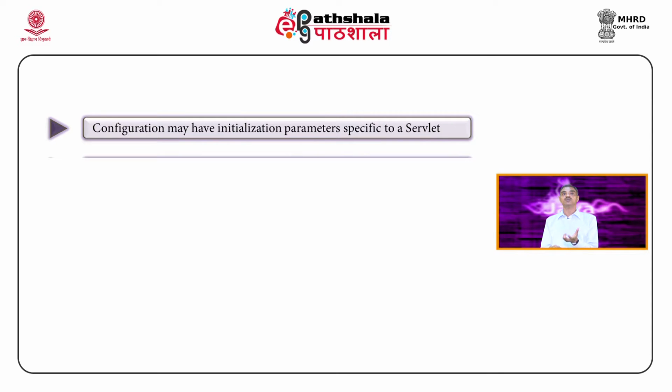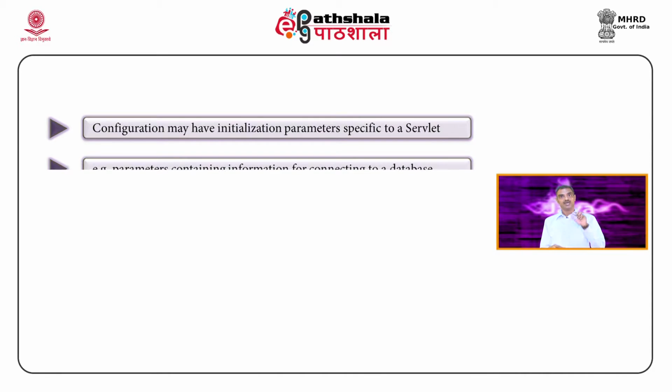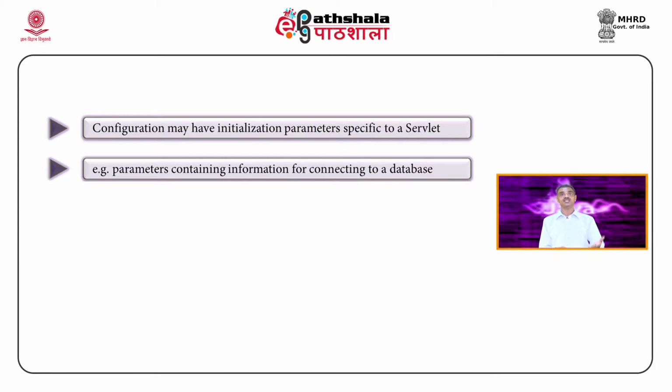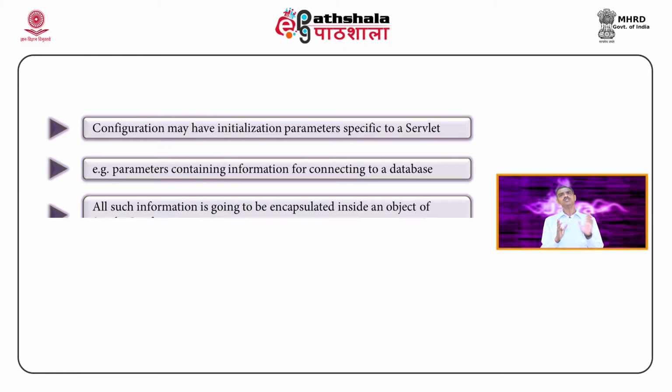After creating the object, what is it supposed to do? In our configuration, we might have some initialization parameters. We want to give some information related to what databases this servlet may be trying to access. So we may have to make some configuration information available to our servlet object.